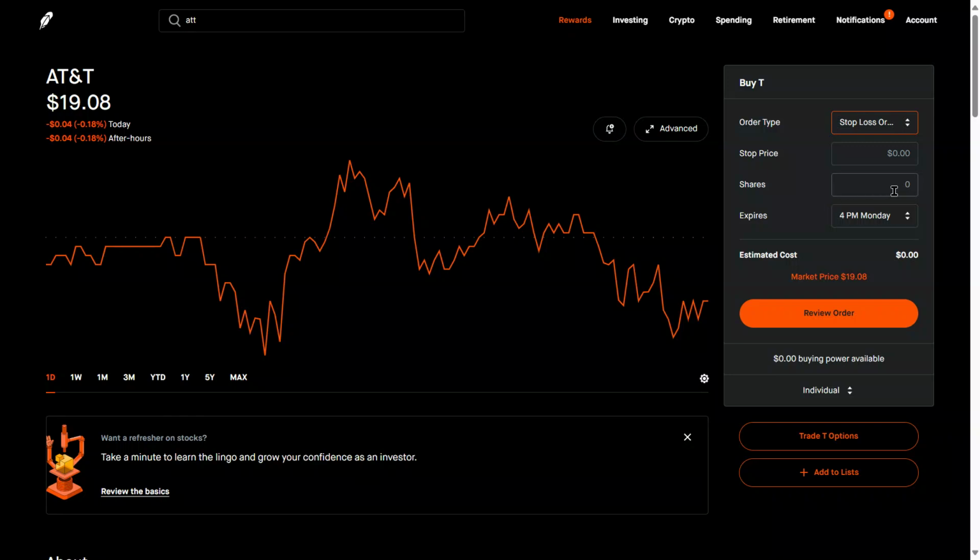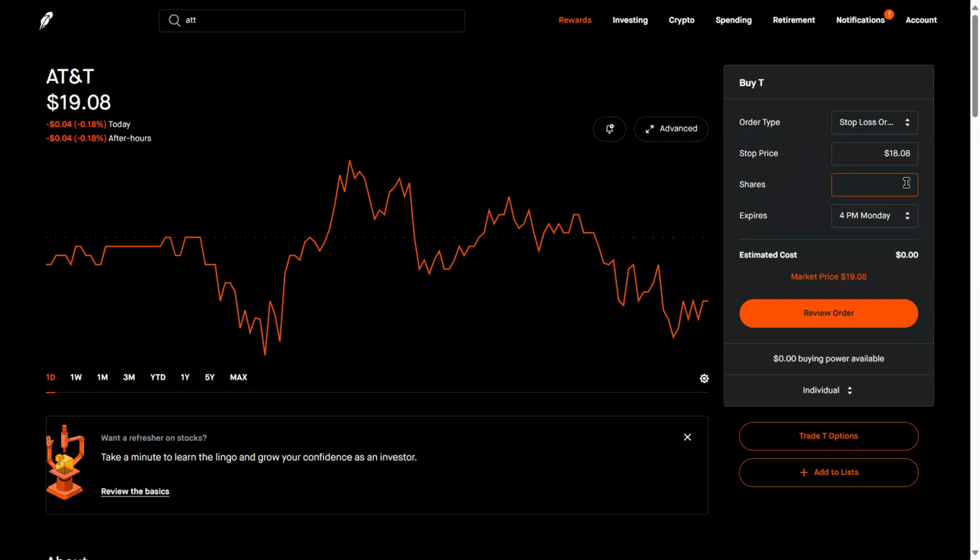Because let's say you bought 10 shares of it, 10 shares at $19.08 is $190 and 80 cents. So let's say you don't want to lose more than $1 per share. Okay. Then you would set your stop price to be $1 under what you actually bought it for.